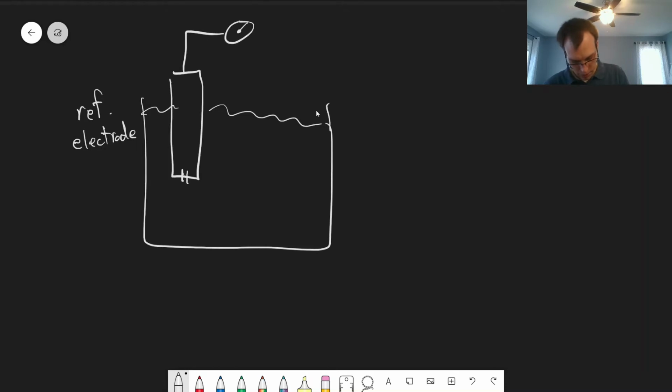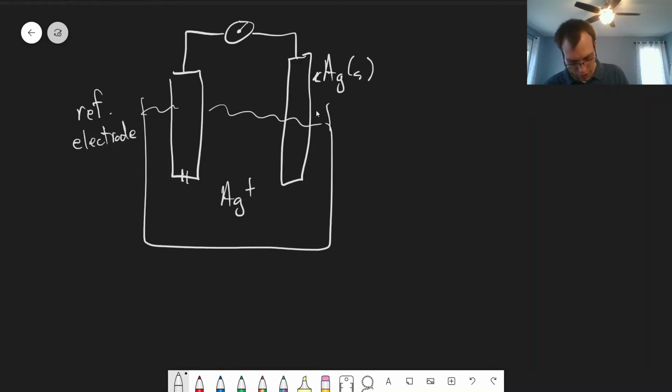We attach this to a potentiometer, and then we use something like silver metal here, and what we're trying to do is measure the concentration of silver ions in the solution. And so this silver metal over here would be our indicator electrode.